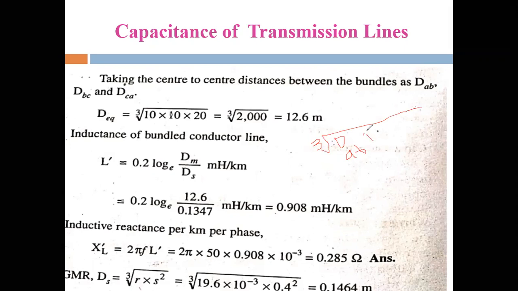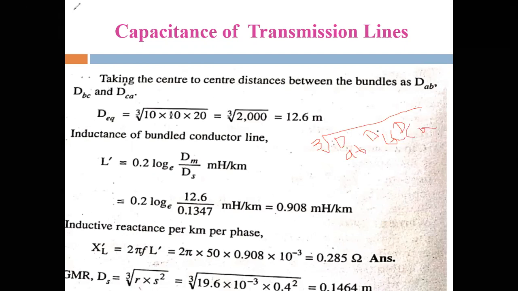DAB means the distance between conductors A and B, DBC means the distance between conductors B and C, and DCA means the distance between conductors C and A.